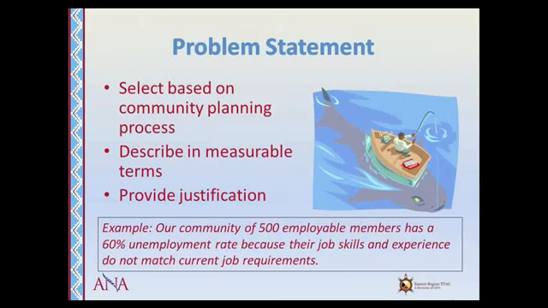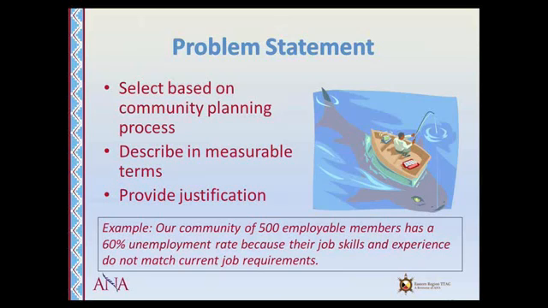Describe the current negative condition in measurable terms. Include quantified indicators, numbers, include research, surveys or studies, and cite sources that support the community's definition of the problem. Provide convincing justification. Give its impact on the community.